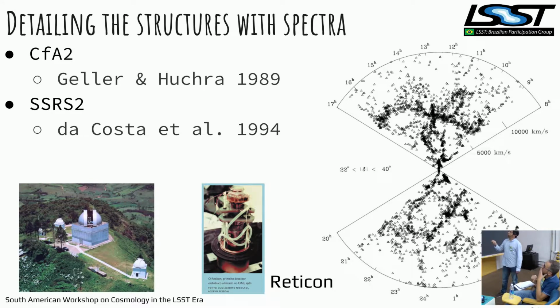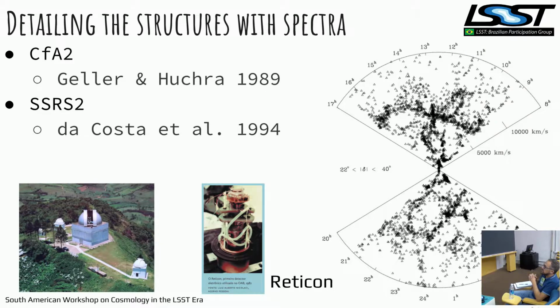This was very boring work because you had to go galaxy by galaxy, observing one galaxy at a time, and it took a lot of time to get a sample of thousands of galaxies. Now you have, for instance, DESI, a spectrograph that will observe about 5,000 galaxies at once.